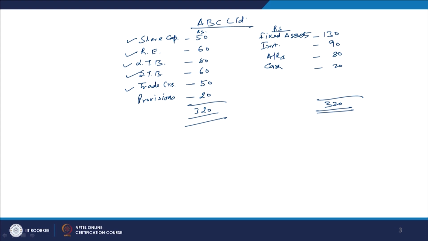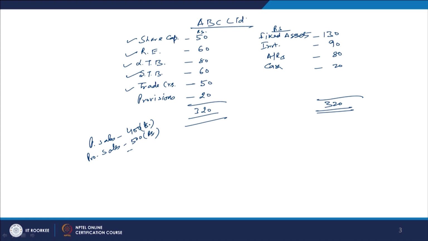So, now this is the balance sheet available with us, and the present level of sales in the current period is 400 lakh rupees. Next year we want to take the proposed sales to how much? 500 lakh rupees.